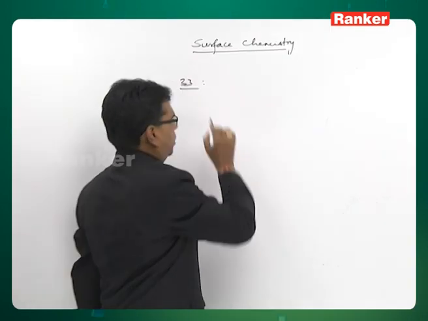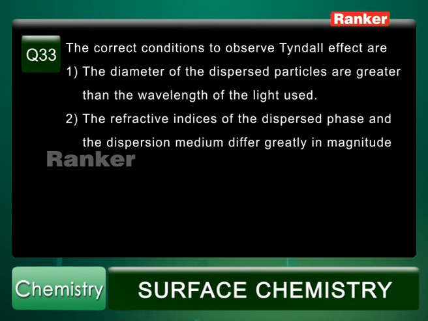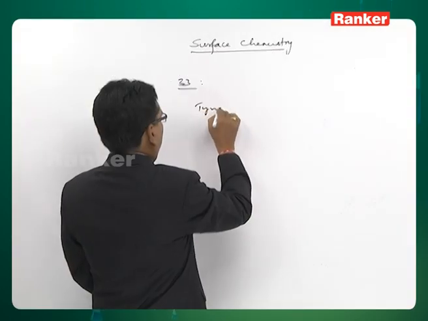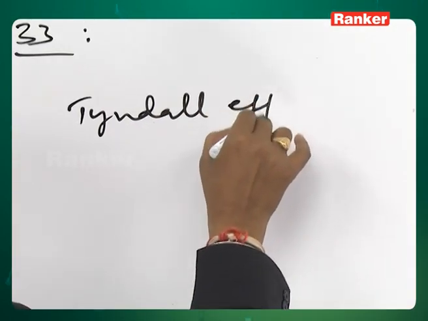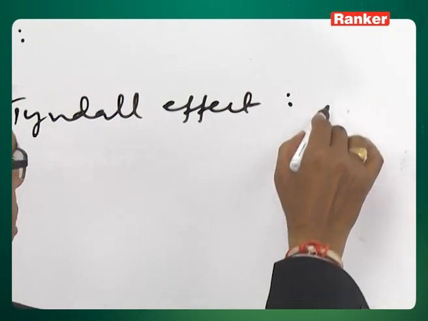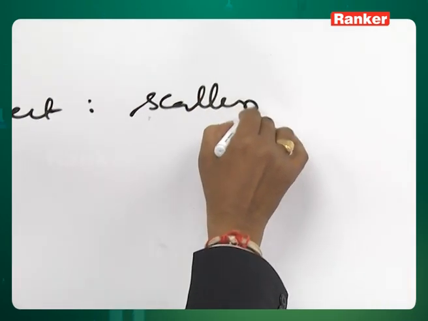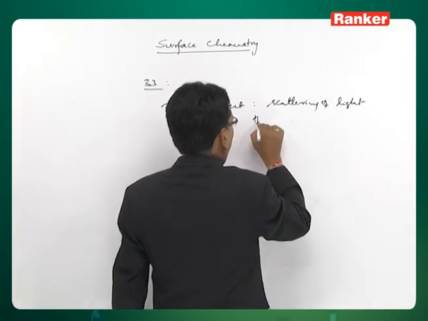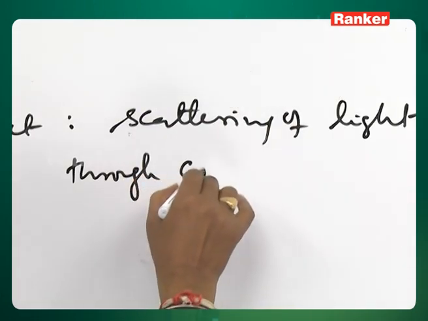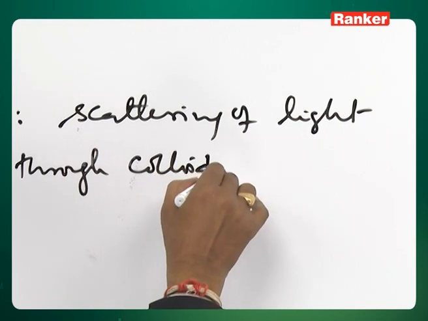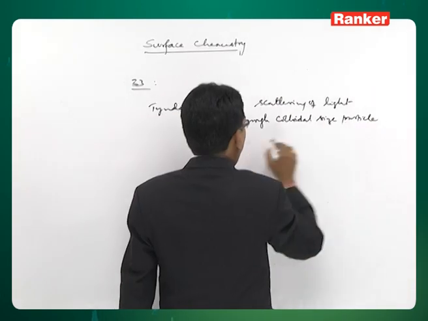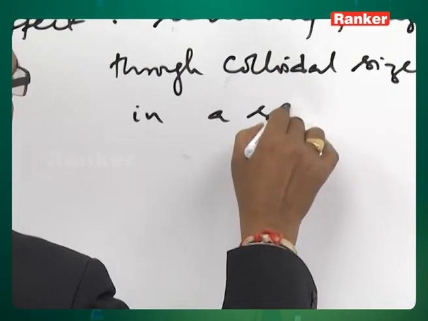Let us see question number 33. The correct conditions to observe the Tyndall effect. First of all, the Tyndall effect is scattering of light through colloidal size particles in a sol.